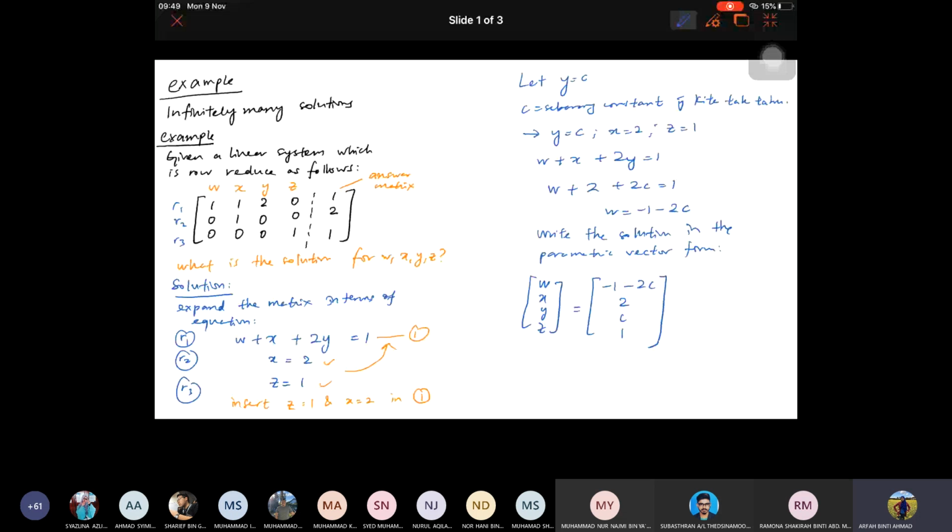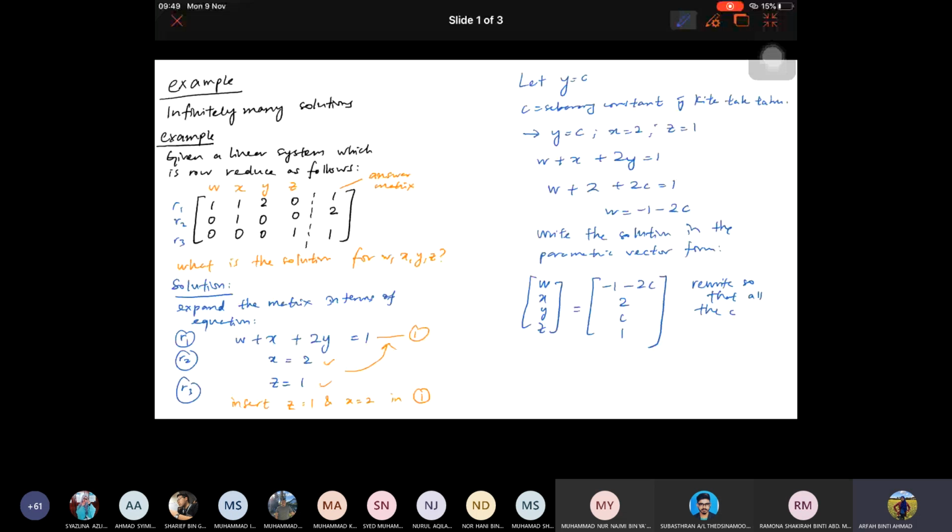Tapi kita nak tulis balik supaya C ni rewrite so that all the C term berada dalam satu vektor.